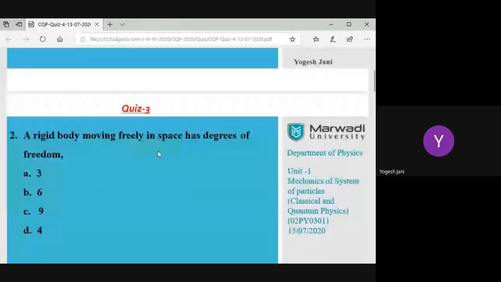So it is 3n, 3 into 3, that is 9. We know there is a restriction on the distance between each pair of particles, so three constraints. So 9 minus 3 is 6. So here the answer is 6. We will use the equation 3n minus k here. So yes, you have given the correct answer. 2b is the correct answer.